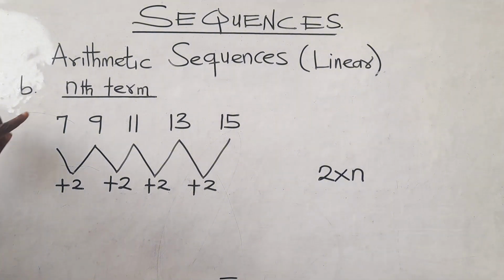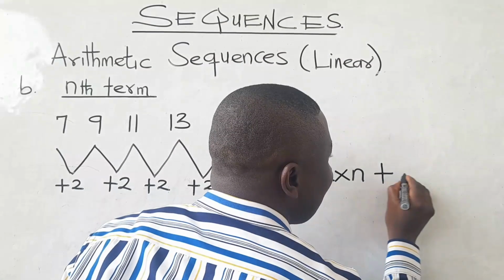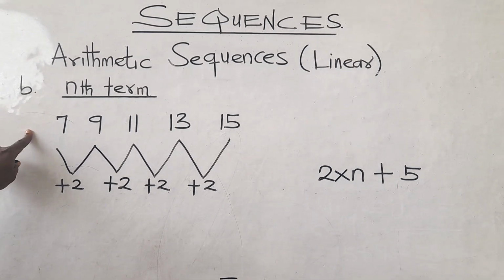Easy. You subtract plus 2 from 7. So it will be 7 minus 2, which is 5. So 5 would have appeared before 7. So it will give us a foundation.